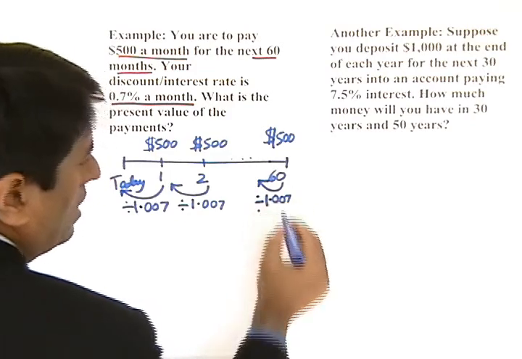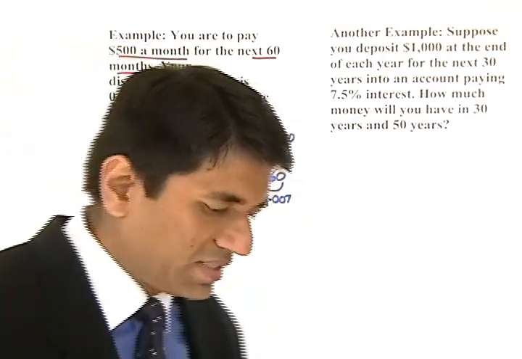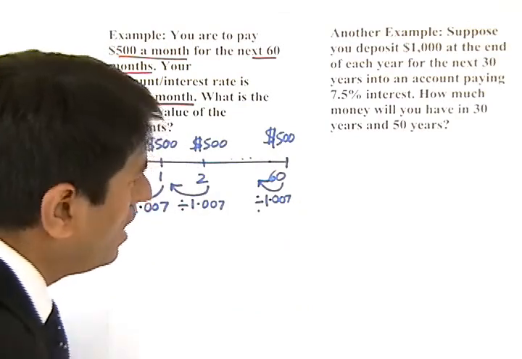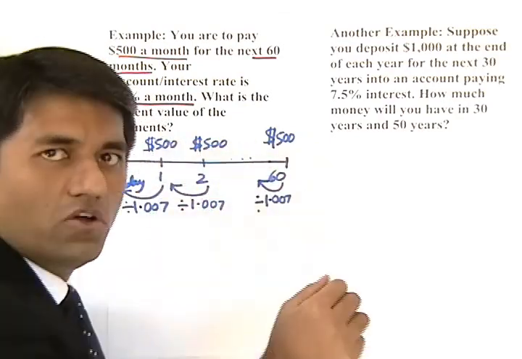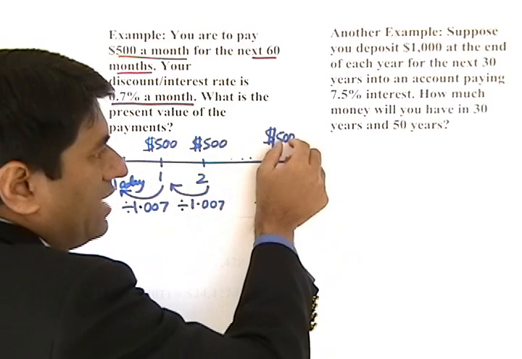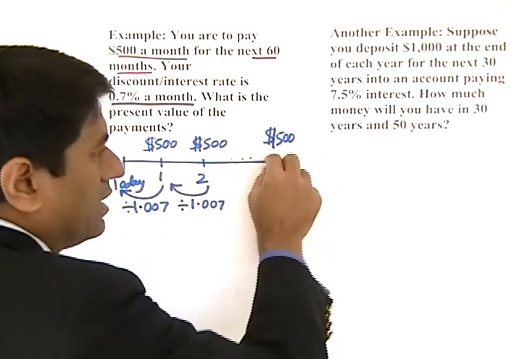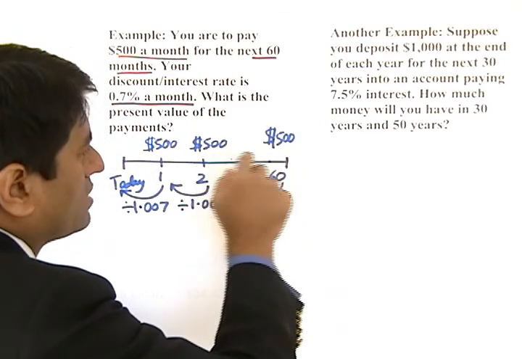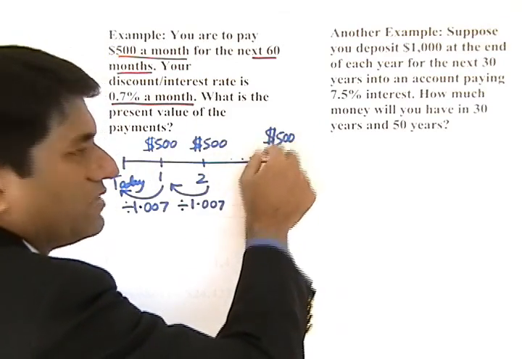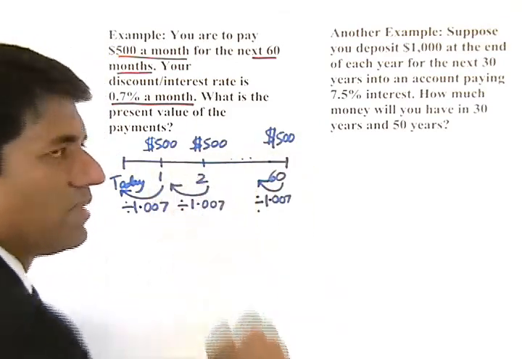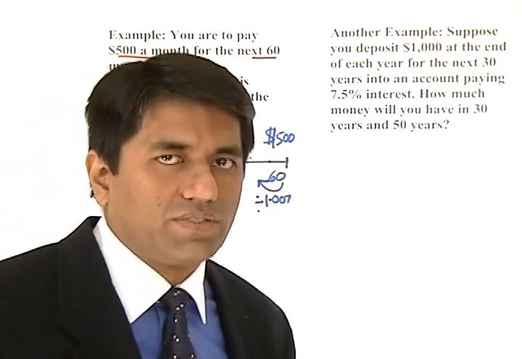Now, one way to do it, of course, is that you take all these individual cash flows. For example, you take this cash flow and you discount it by 60 periods. Then you add that to the discounted value of the cash flow for the 59th period and so on. But that is, of course, going to be very tedious.